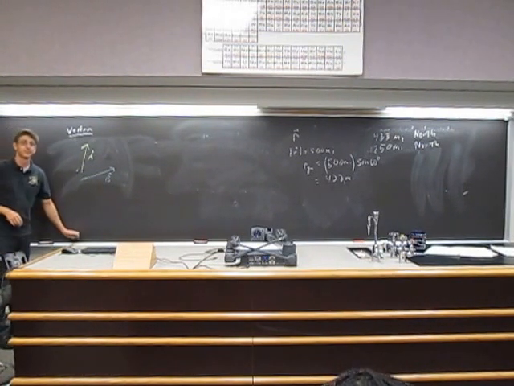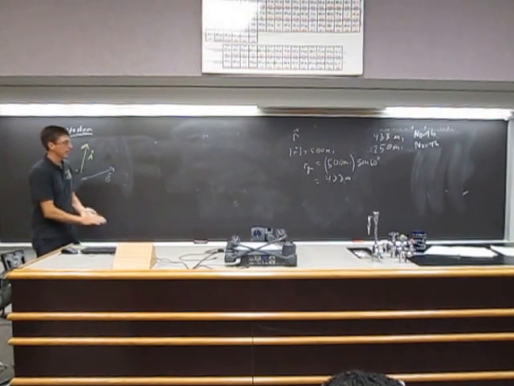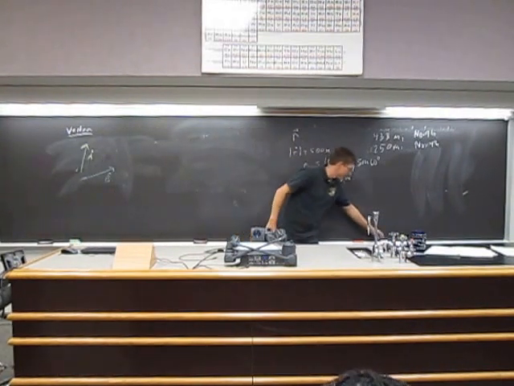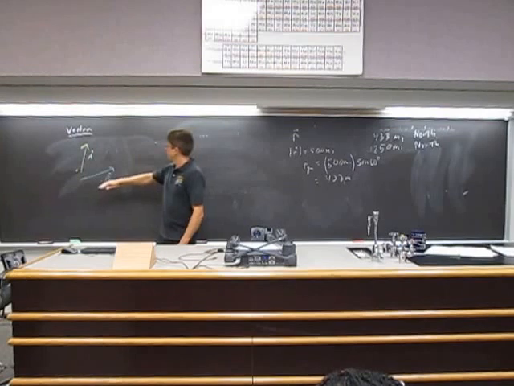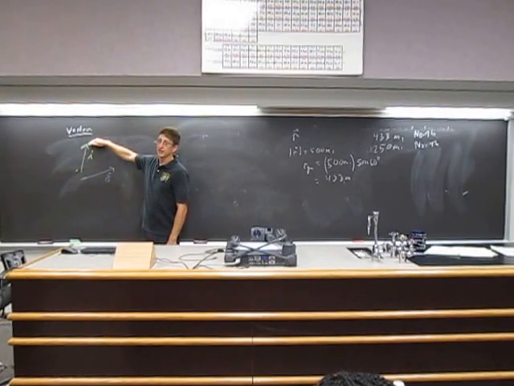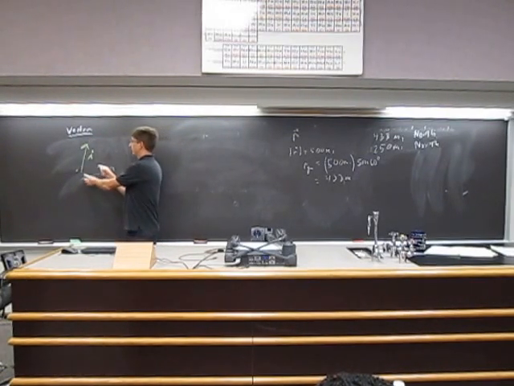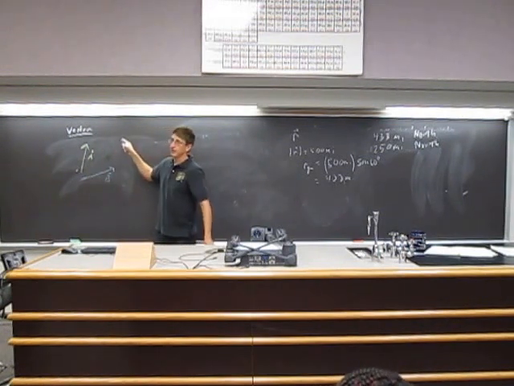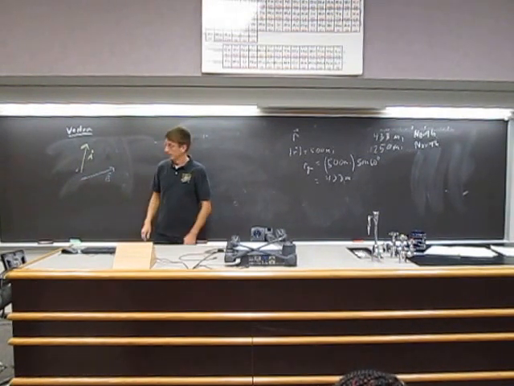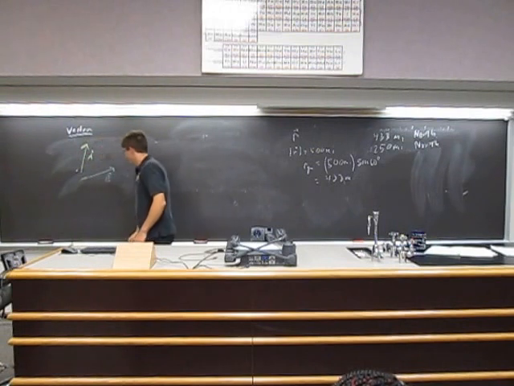Okay, let's say I have two vectors A and B, and I want to add these two things together. The way that we add vectors is we take the tail of one and place it on the head of the other. And then the resultant vector goes from the tail of one to the head of the second. So let me do this.